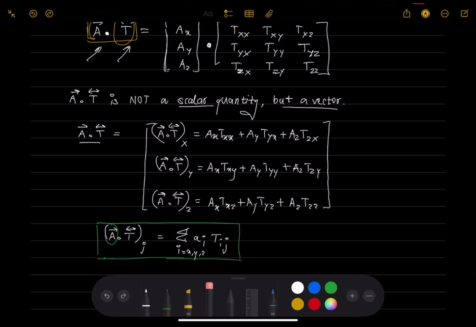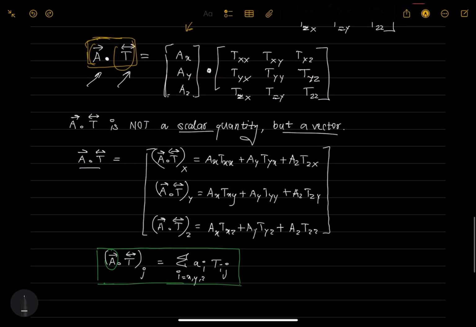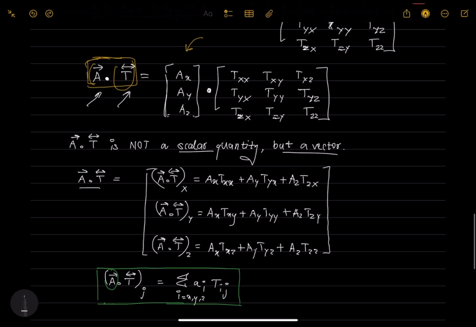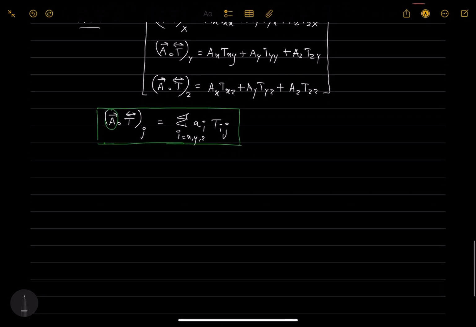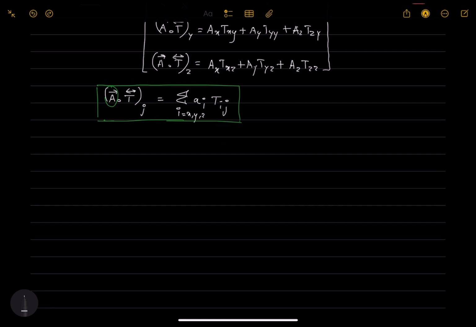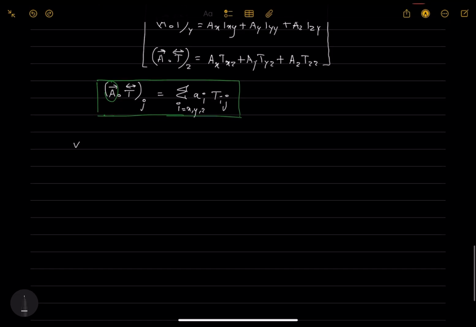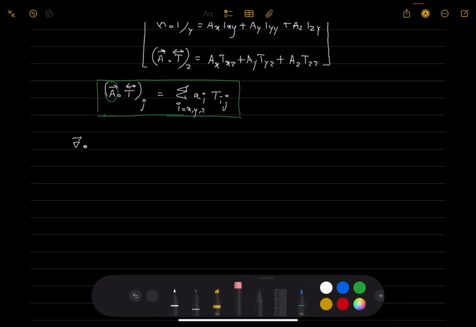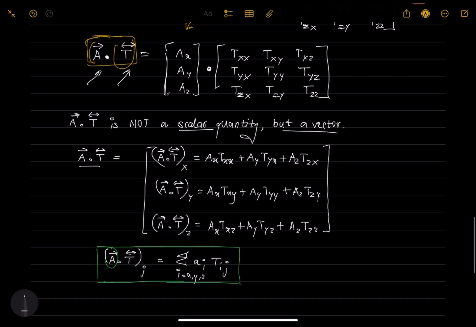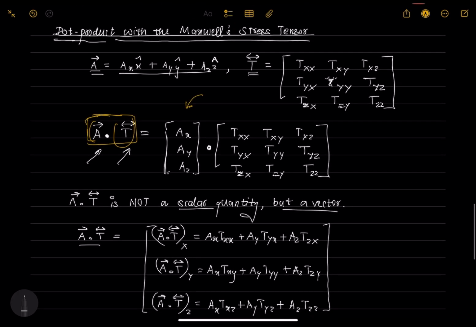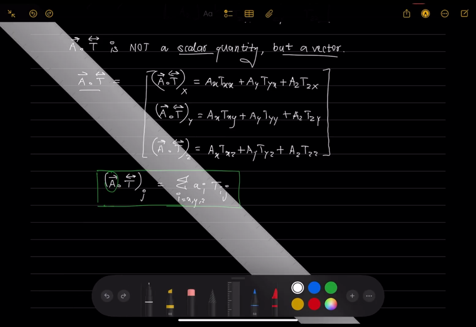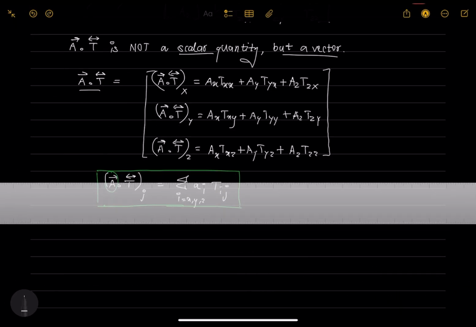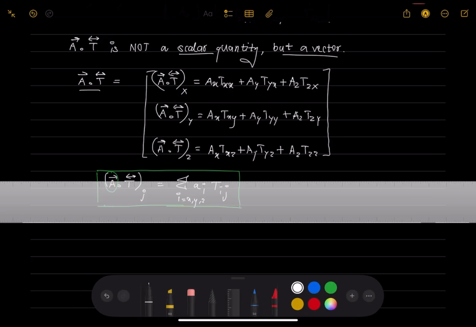Let's move on to what it means to take the divergence now. The divergence is basically the dot product with the del operator. That's one of the foundational things in vector calculus that we learn. We've learned what it means to take the dot product of a vector with the Maxwell stress tensor, and now we're moving on to its divergence.